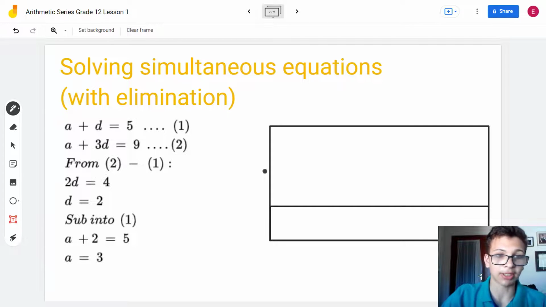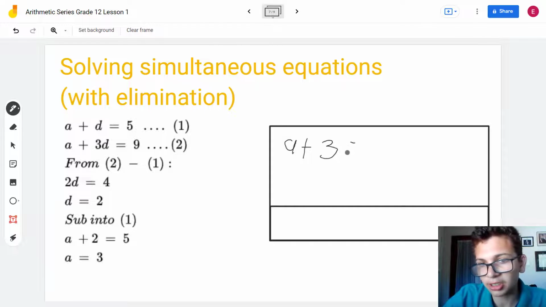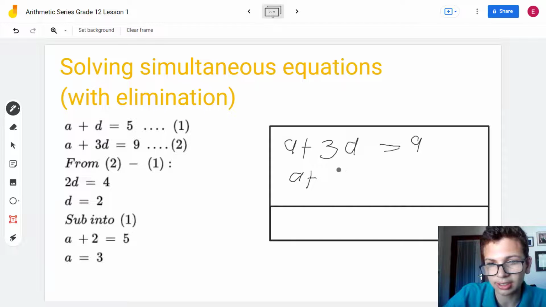Now we subtract them. We subtract 1 from 2. So we write 2 here, a plus 3d equals 9, and we have a plus d equals 5.